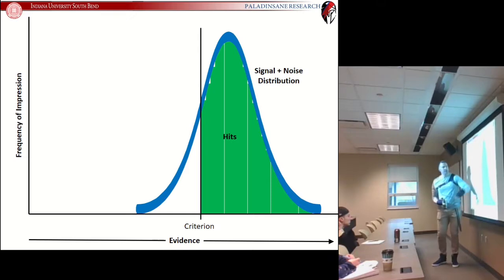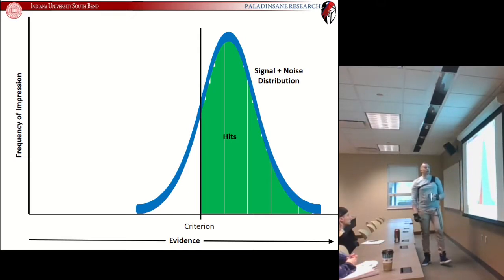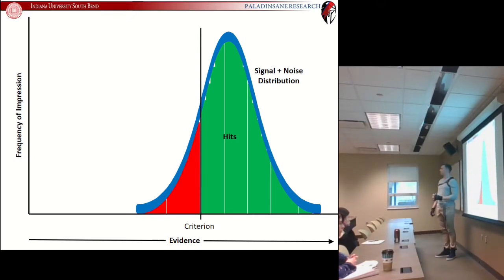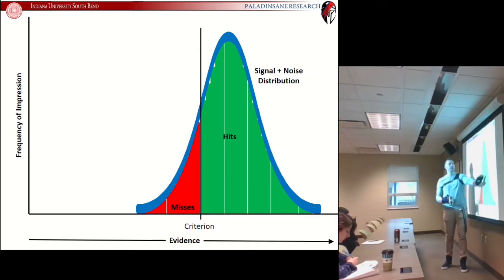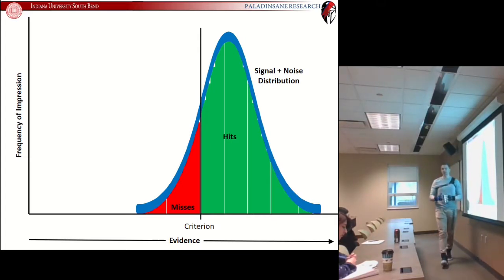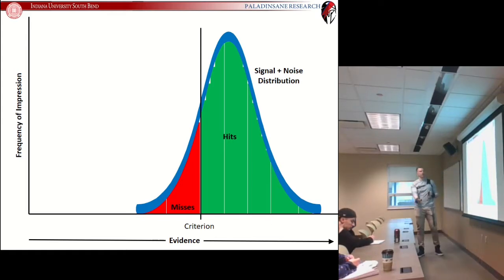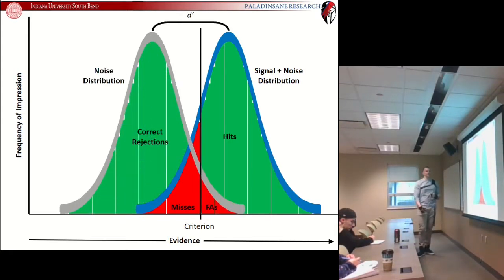So this area here is where you get it wrong and you say, no, I didn't hear a sound, and the sound is being made, and that is known as a miss. So when the signal is present, you got your hits and you got your misses, and those two situations taken together cover every single possibility that can occur in a detection paradigm.